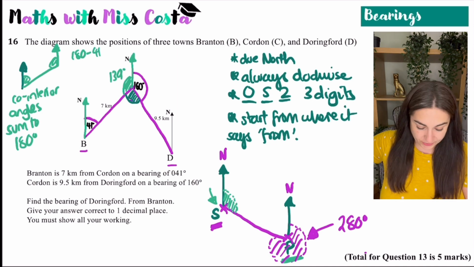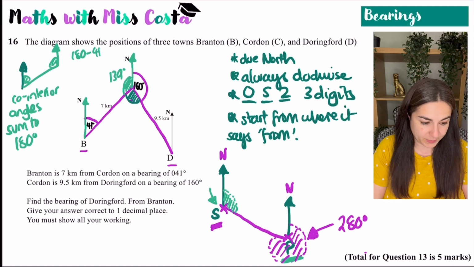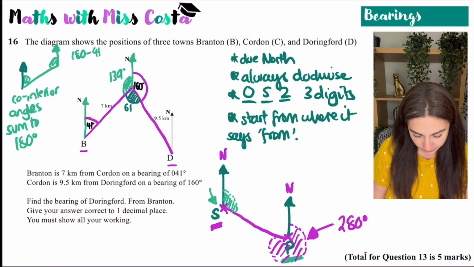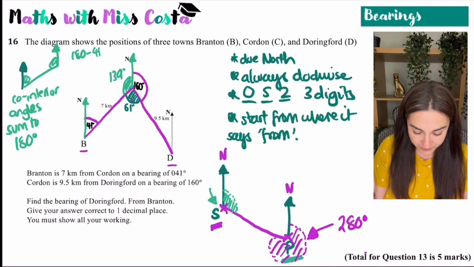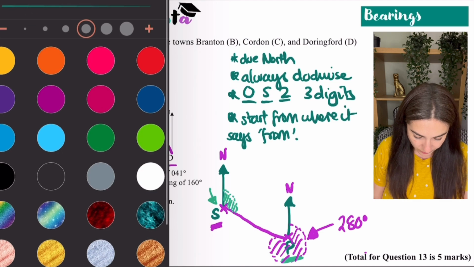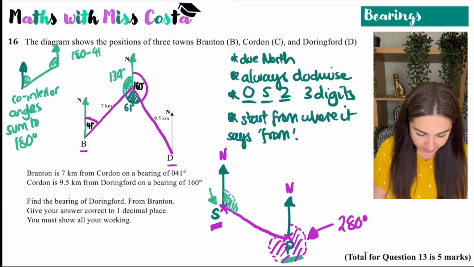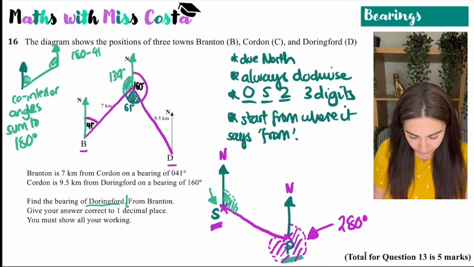So I could figure out what that angle there is by doing 360, take away 139, take away 160, which leaves me with 61 degrees. So these are just the easy angles that I can find out before I've even looked at the rest of the question. Now, I want to find the bearing of Dorringford from Branton.